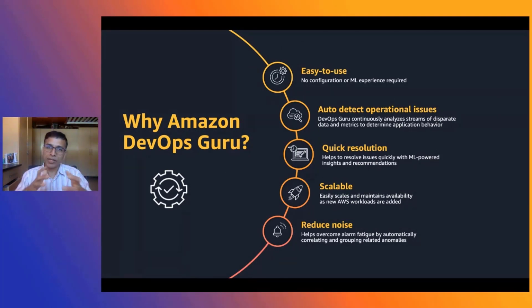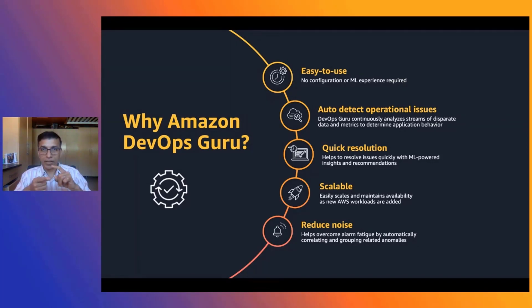And as I was highlighting all of these points in the earlier slides, I just want to highlight a few points back again. First is it is very easy to use, and we will see that even in the workshop. You can enable DevOps Guru either by a single click of the enable button, or you could use CloudFormation stacks with which you will be able to deploy or enable DevOps Guru in maybe multiple regions, multiple accounts in a single shot.